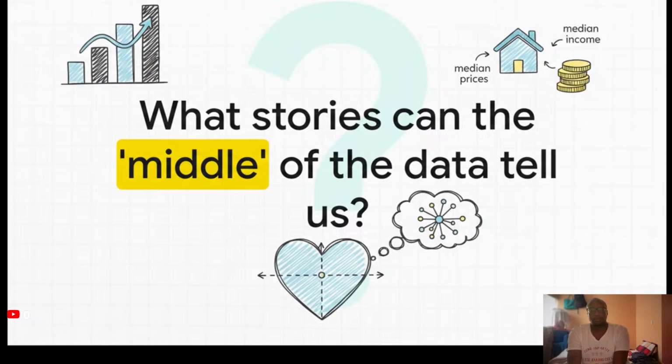So when you hear about things like median income or median house prices in the news, this is exactly the kind of math that's happening behind the scenes. It's how they get a really reliable middle number that isn't thrown off by a few super high or super low values. So the next time you see data that's all grouped up, you'll know exactly what it takes to find its heart. The only question left is, what stories is that data waiting to tell you?